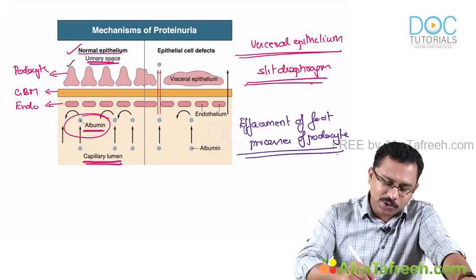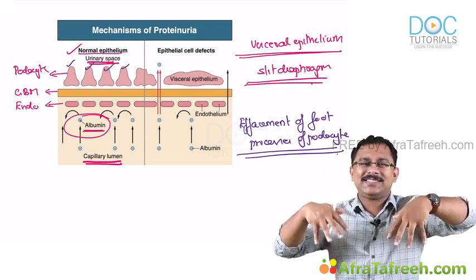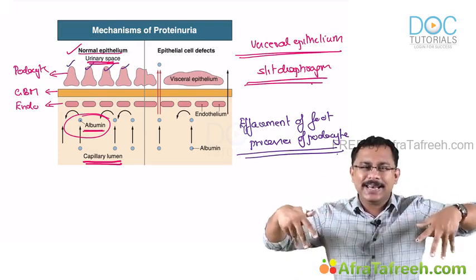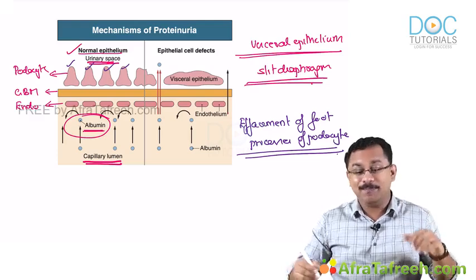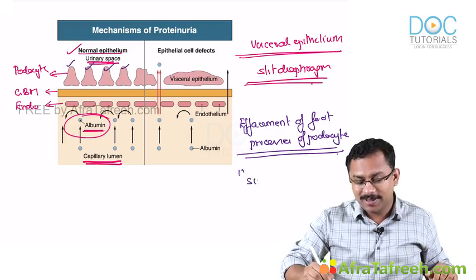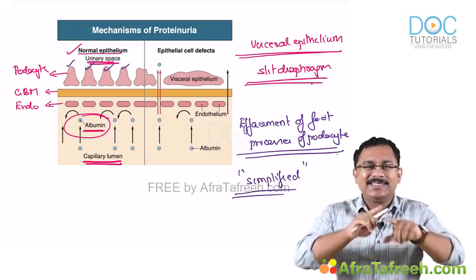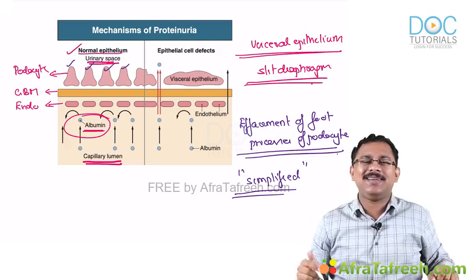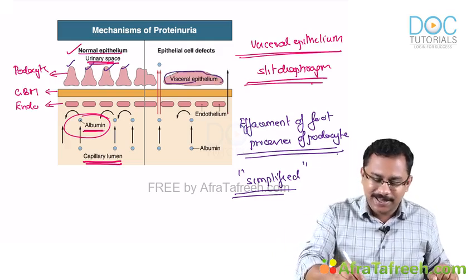Normally you see the podocytes as tight interdigitating projections, but sometimes they may be simplified, which means there can be a flattening of the podocytes as you can see here, when there is an epithelial defect.